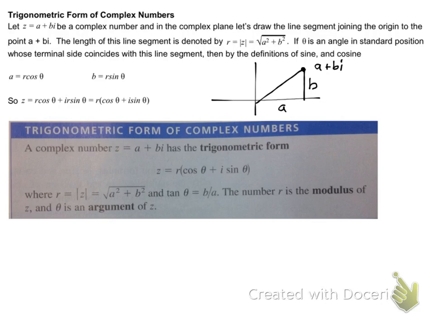Now the modulus, the absolute value, the distance from your point to the origin, we're calling that r. And the angle that's formed at the origin and the x-axis we call theta.